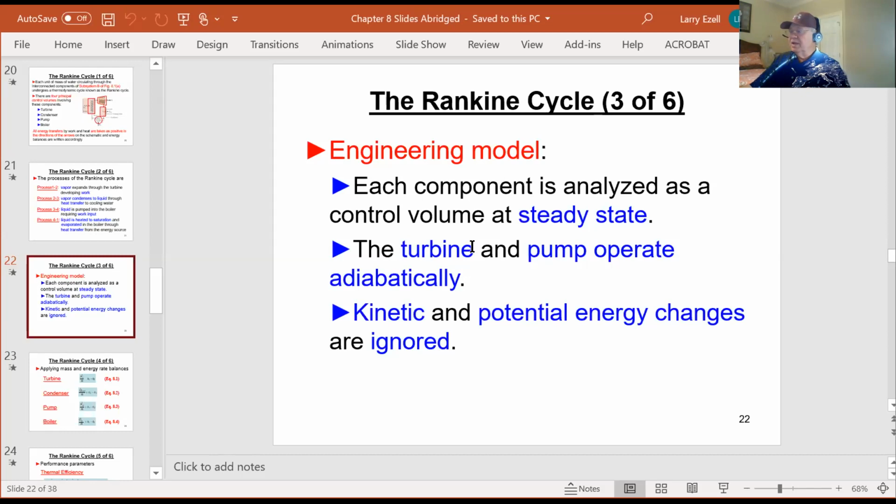Then we'll be either given the actuals of state 2, the pressures and temperatures, where we can look them up in a table, or we'll be given the isentropic efficiency of the turbine and the pump, and from that we can calculate what H2 is. We'll see later. We ignore potential and kinetic energies.